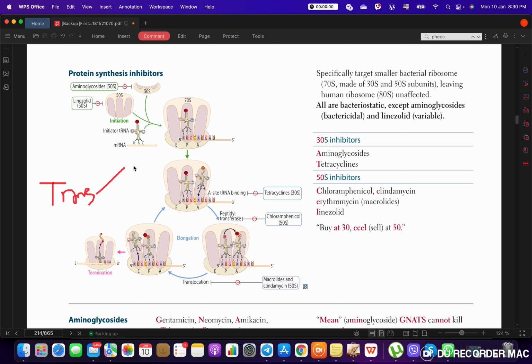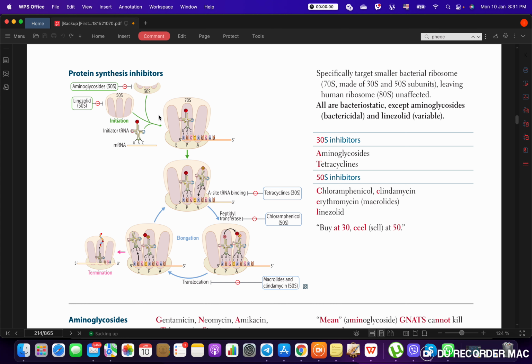The first one is the initiation. The next one is the elongation. And the last one is the termination, okay? So initiation, elongation, and termination. There are little minor steps between them, but these are the main steps.